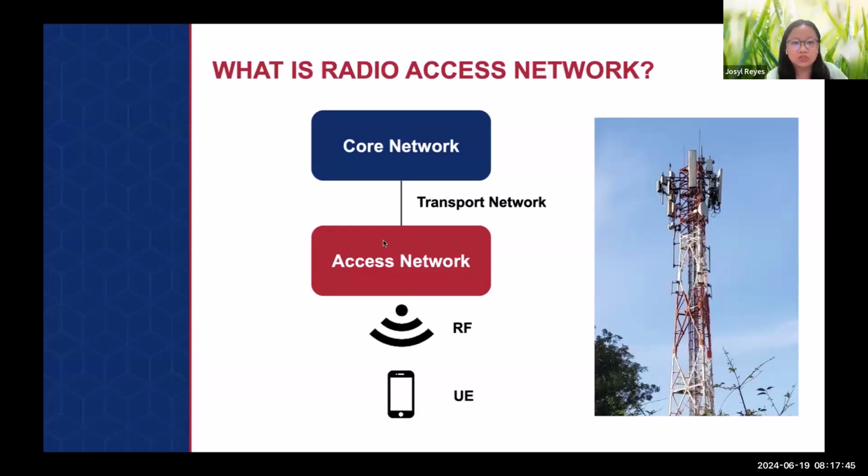Core network usually involves a lot of routers, switches, and servers, handling the interconnection among the different service providers. The transport network is also known as the backhaul network. The services of the telecommunications company are mostly managed here in the core network.